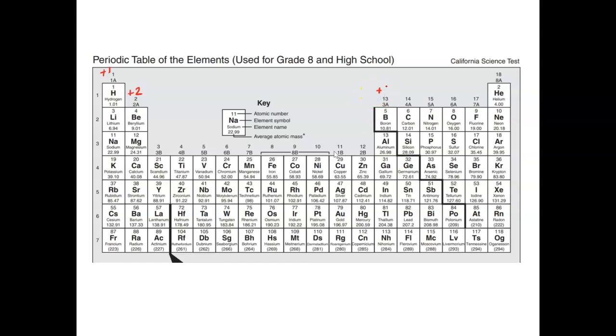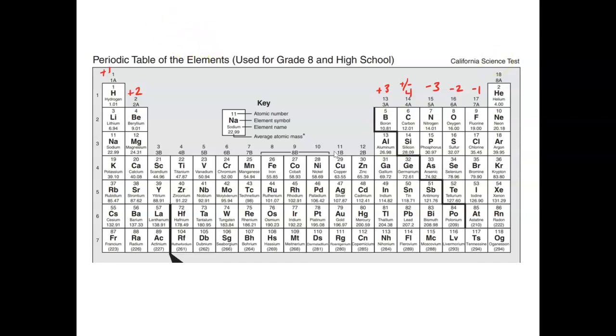This column here has a +3 charge. This has a plus or -4 charge. We're not going to be working with these all too often. The nitrogen group over here has a -3 charge. Oxygen group has a -2, and the halogens have a -1. And just a reminder, these noble gases have no charge because they have a full valence shell.